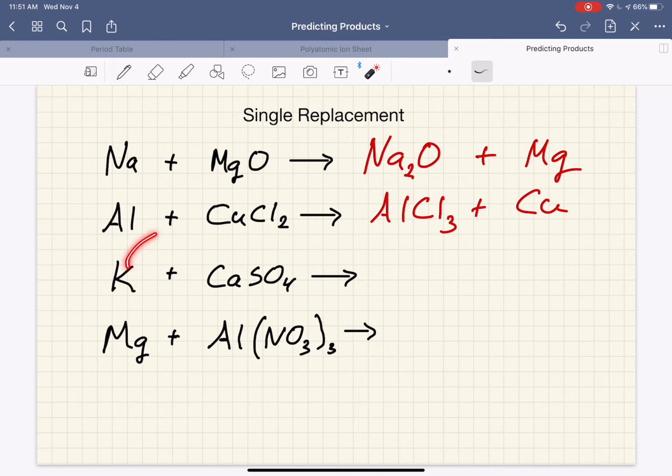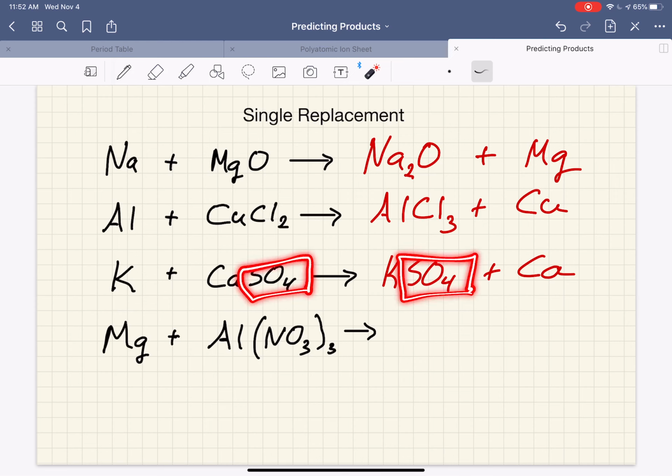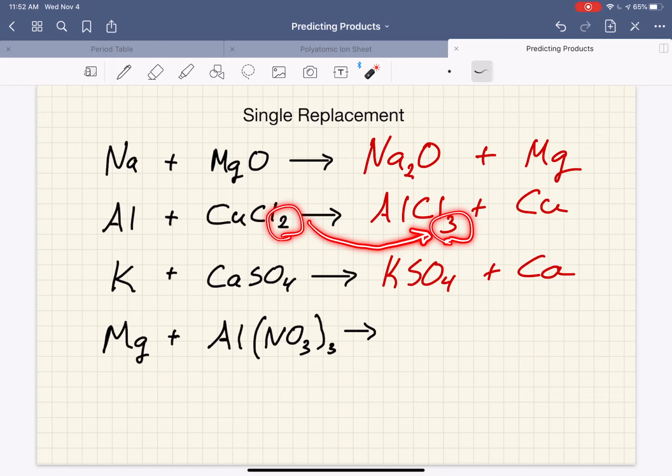All right, next one. Potassium is going to switch places with the calcium, so we end up with potassium sulfate and calcium metal. Now I want to address this guy right there, that sulfate. I just told you in that previous example that these subscripts don't get carried over because they might change. However, if we have a polyatomic ion, that is a package that has to stay together.